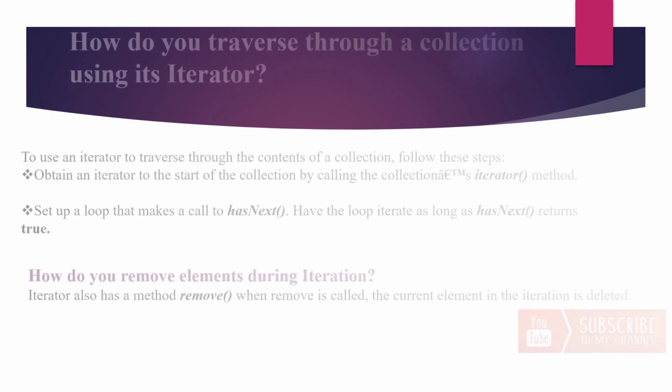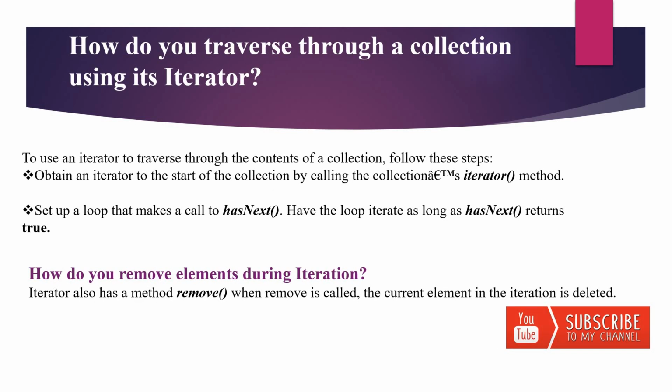Now we have another question. How do you traverse through a collection using an iterator? To use an iterator to traverse through the contents of a collection, follow these steps. Obtain an iterator to the start of the collection by calling the collection's iterator method.